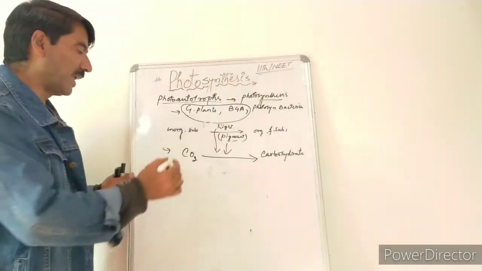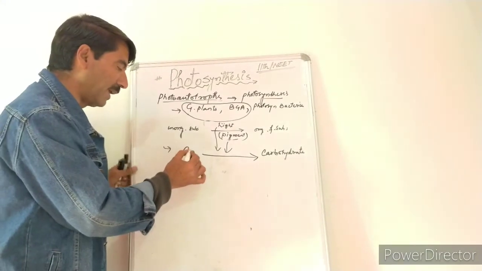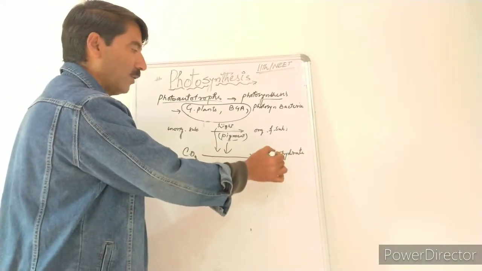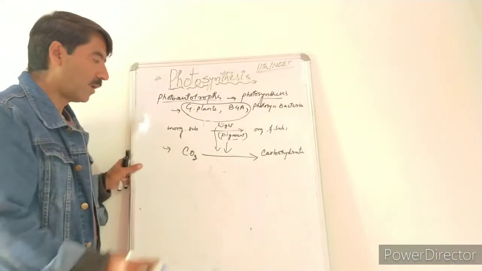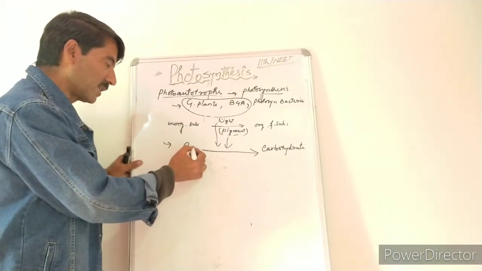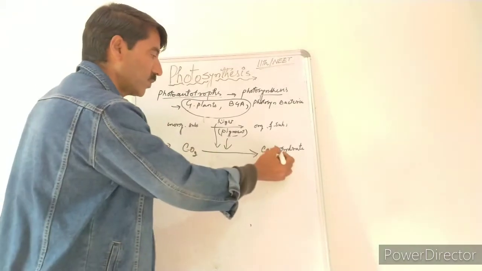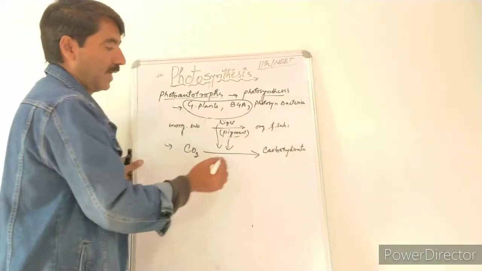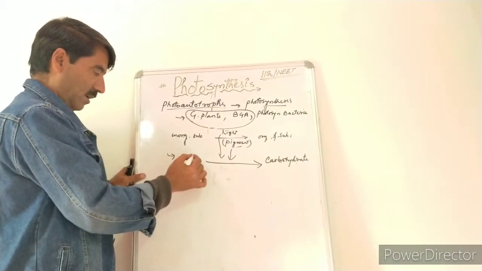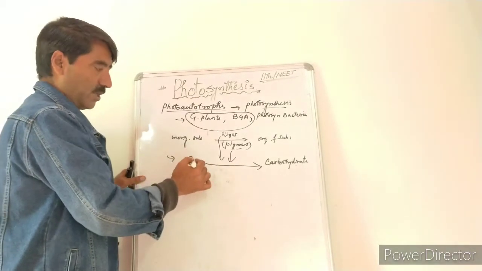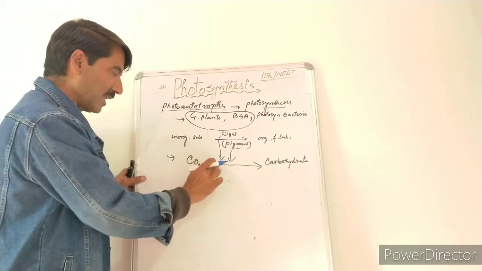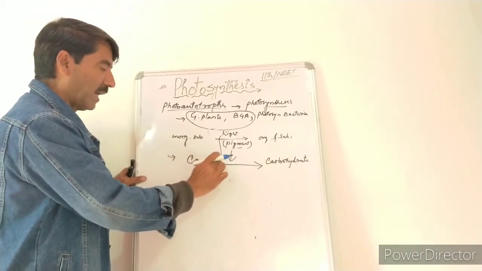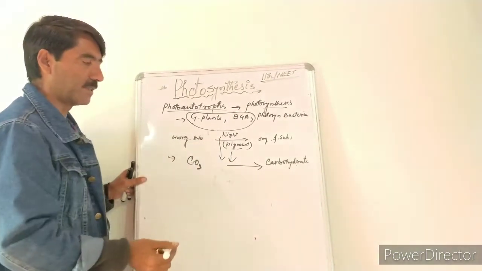So in other words, we can say here that this carbon dioxide is fixed into carbohydrates. This is called carbon fixation. In other words, we can say this carbon dioxide is being reduced to carbohydrates, and this can only be done with the help of a reducing substance.